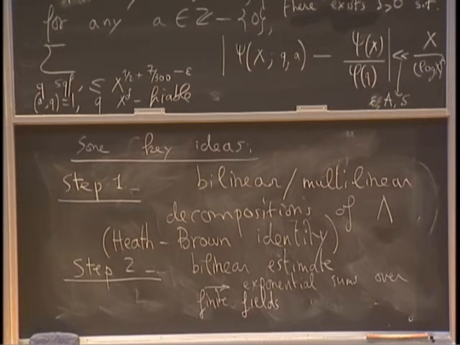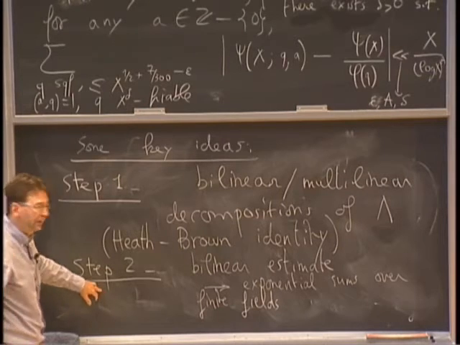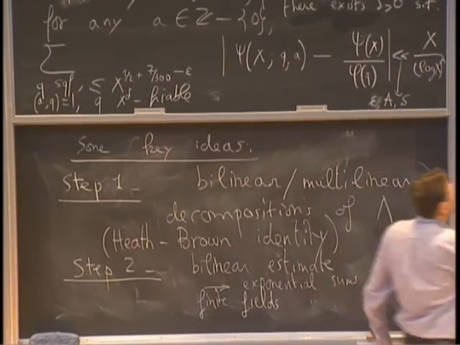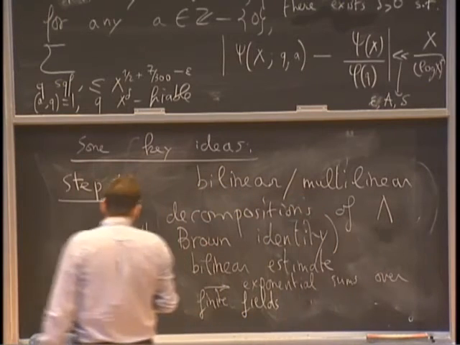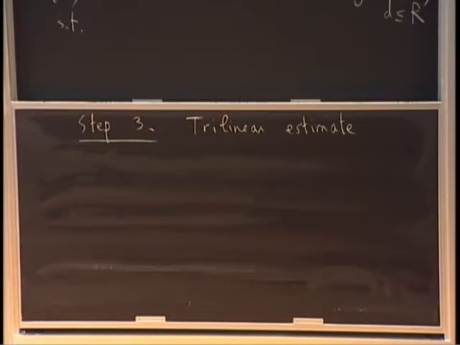And again, it was realized in this Polymath project that it was in principle doable with worse exponent than 7/300. So there was a third step, which was a trilinear estimate, about which I'll probably not say much, but maybe I'll have time to mention it. So this trilinear estimate is very much related to bounds for the exponent of distribution of the ternary divisor function tau 3 beyond 1/2.